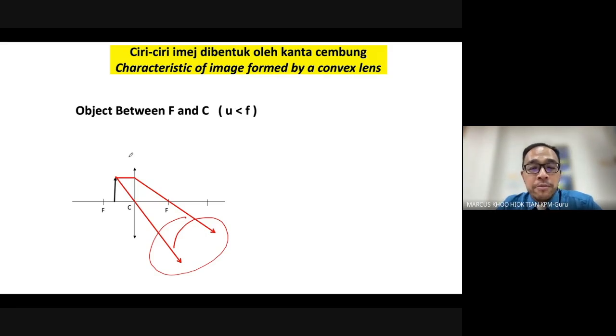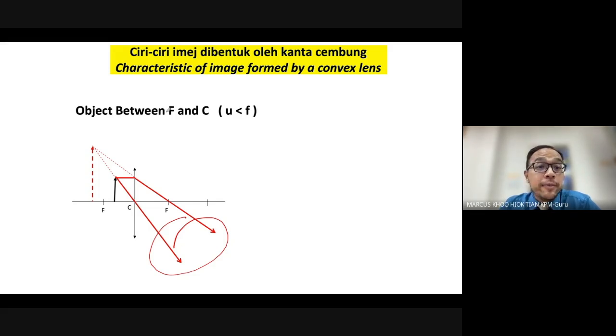Okay, and how do you make it meet? You extend it backwards. Okay, when you extend it backwards, you will get a place to meet. And since the object and the image are at the same place, you have to draw the image with dotted lines. So extend it backwards over here. And then after that, the place where it meets is where you draw the image.